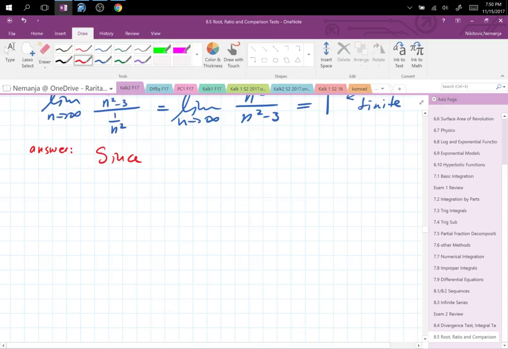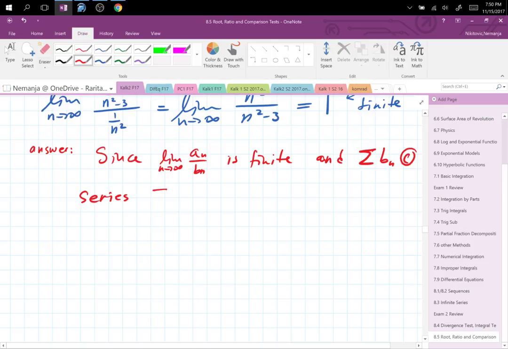Since limit of an over bn as n goes to infinity is finite, and summation of bn converges, series summation 1 over n squared minus 3 converges by limit comparison test.